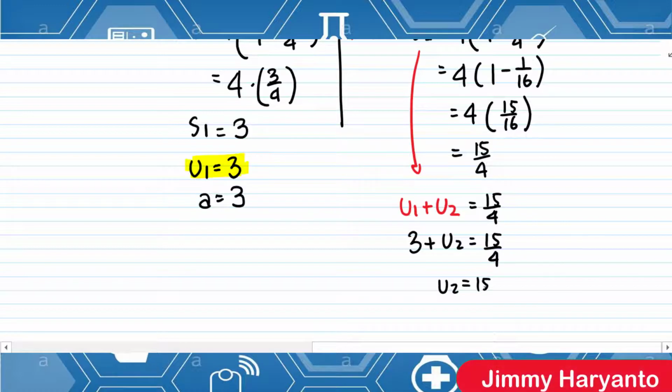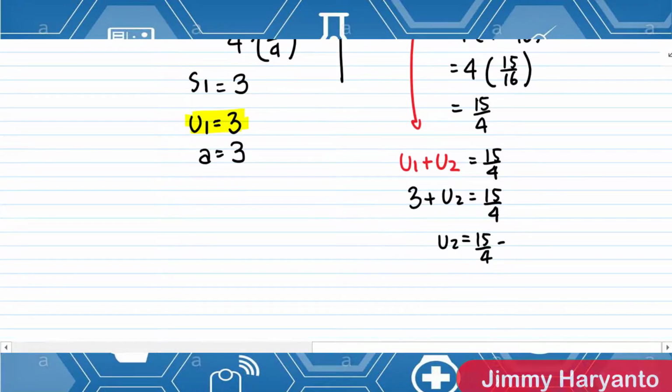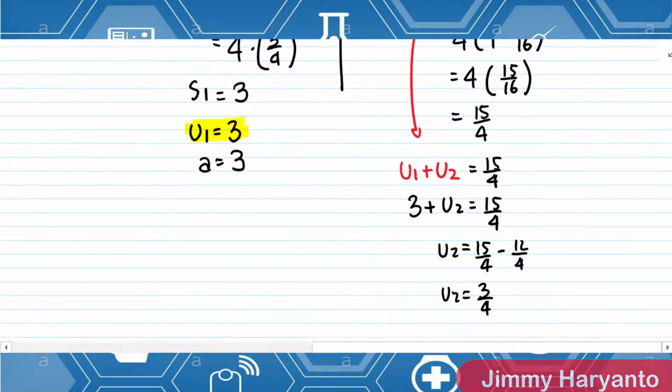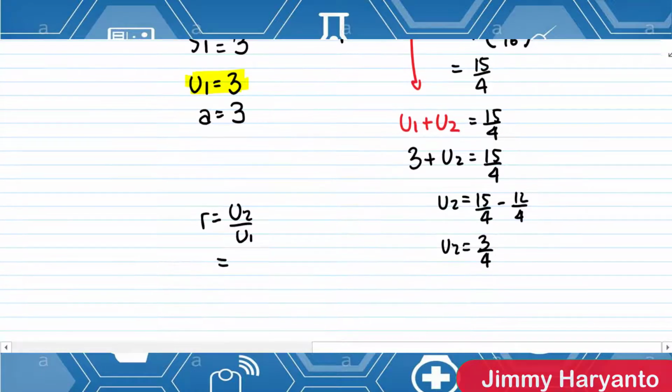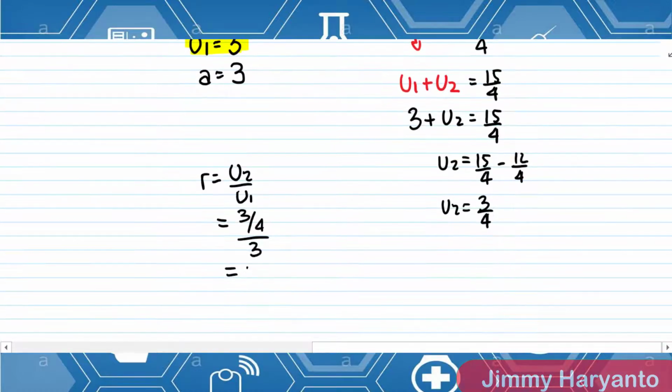U2 equals 15 over 4 minus 3. 4, 12, so U2 equals 3 over 4. After that, I can find the ratio from U2 and U1. R equals U2 over U1, which is 3 over 4 over 3, so the ratio will be 1 over 4. There you go.